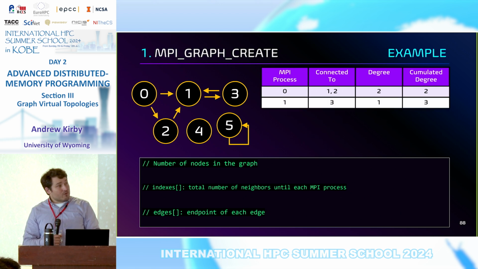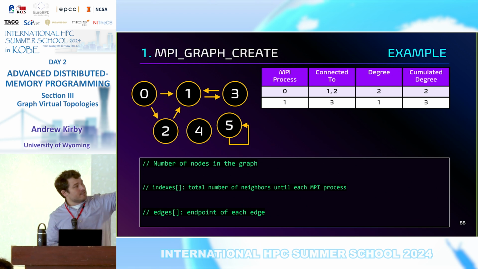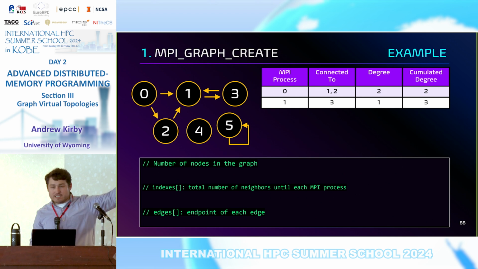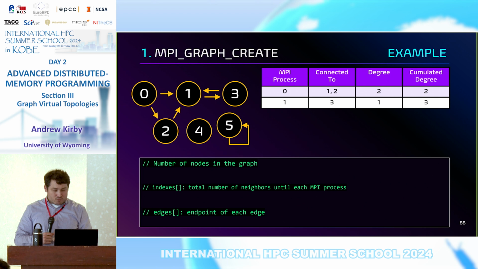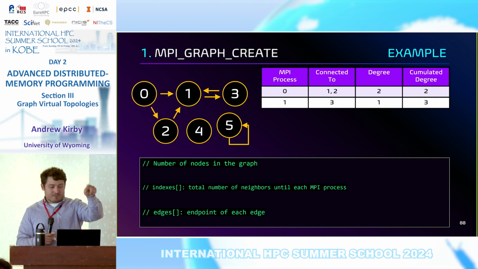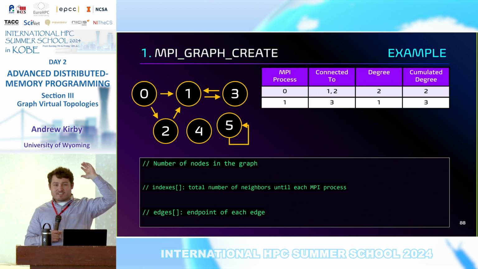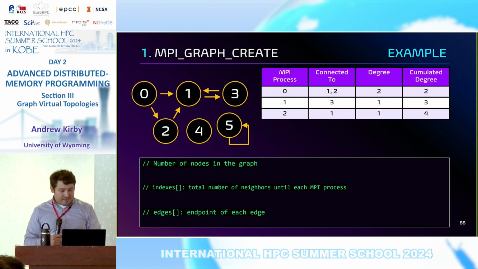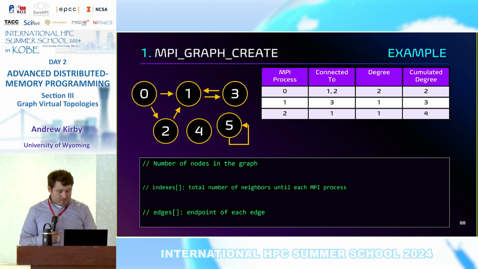So rank 1, how many nodes is it connected to? Well, we can see 1 is talking to 3. Node 1 has degree 1, so one connection going right out. And then again, we take 2 plus 1 is 3. Rank 2, on the bottom left, we see it communicates out to 1, degree 1, accumulation 4.